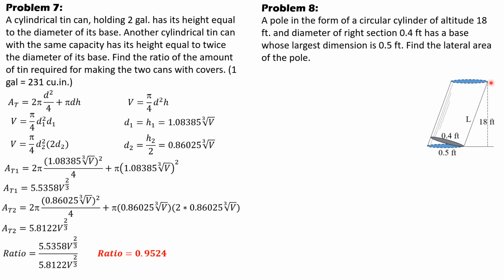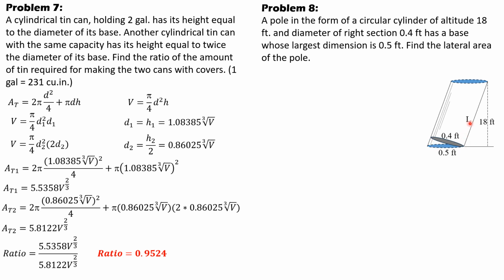So to help analyze the lateral edge, let's do the figure. This is the figure. So we have diameter of the right section 0.4, which is a circle, and the largest dimension of the base is 0.5 of a foot. I'll call this theta. This is also equal to this angle here.